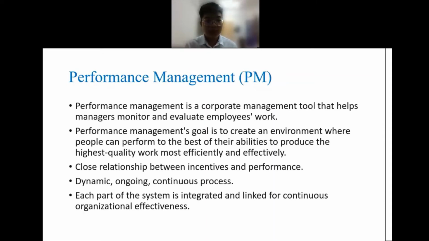Performance management is a dynamic, ongoing, continuous process. Each part of the system is integrated and linked for continuous organizational effectiveness.